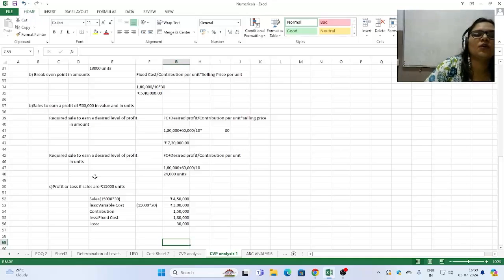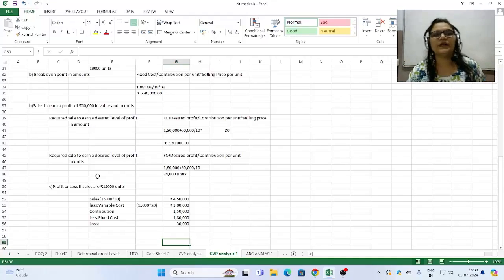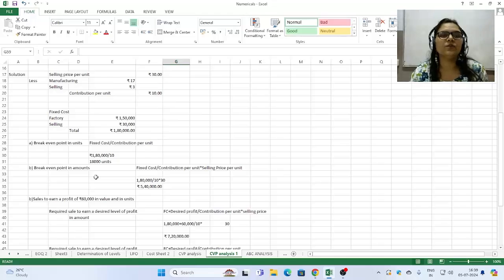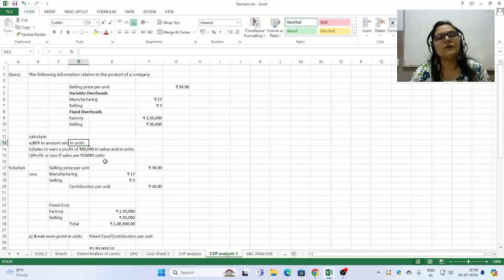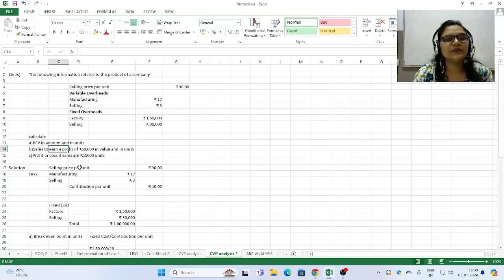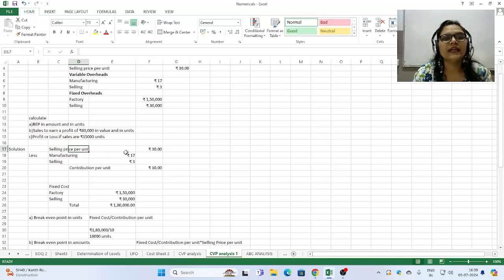So before winding up this particular numerical, let me brief you once again on what we have done. We have been given the following information and we need to calculate BEP in amount and in units. Selling price per unit is given as 30.